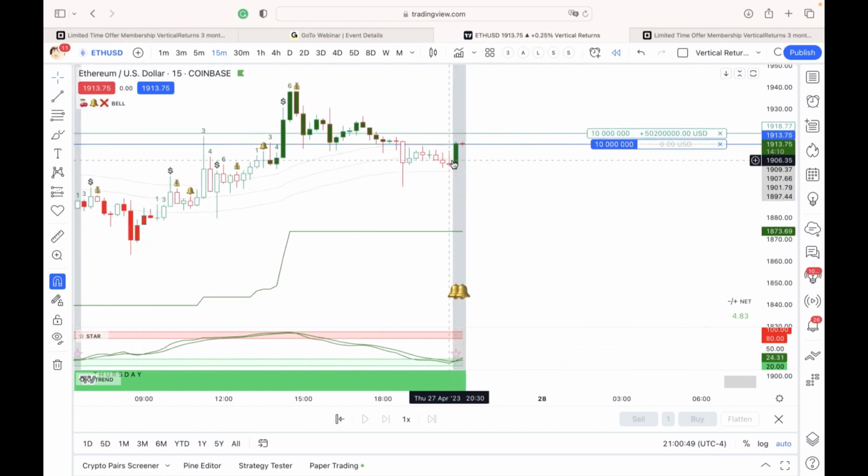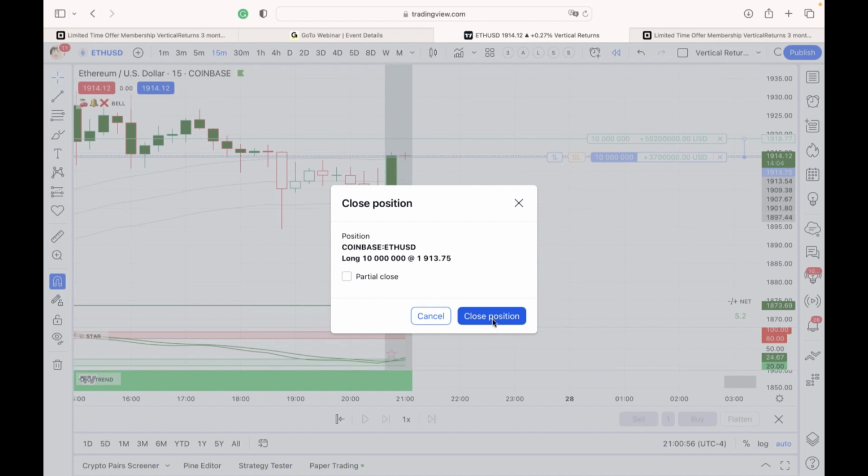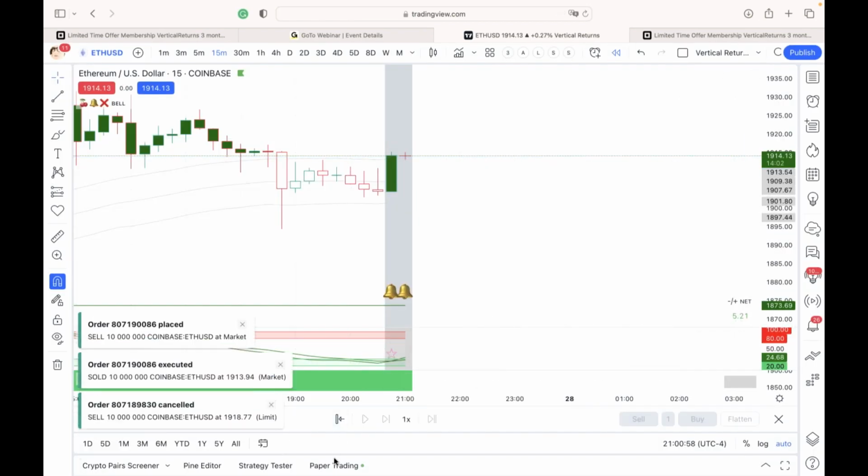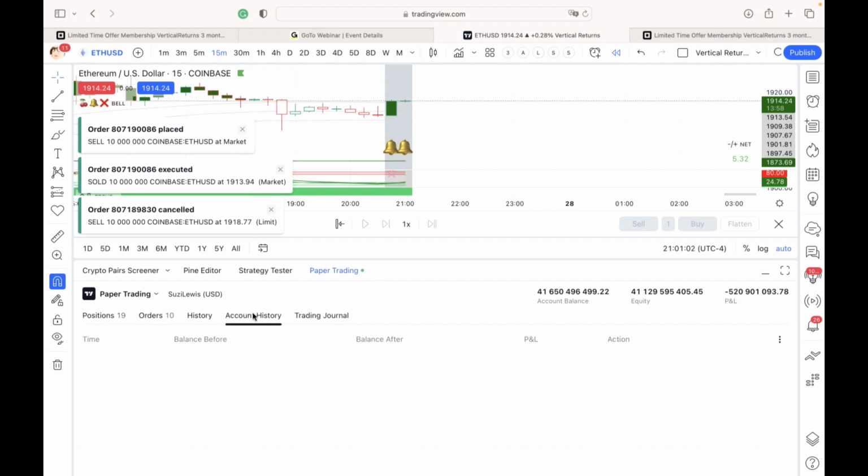What you can do now is drill down to a 5-minute or 1-minute chart and see when you're in profit and close out earlier. You can actually see how it steps in.